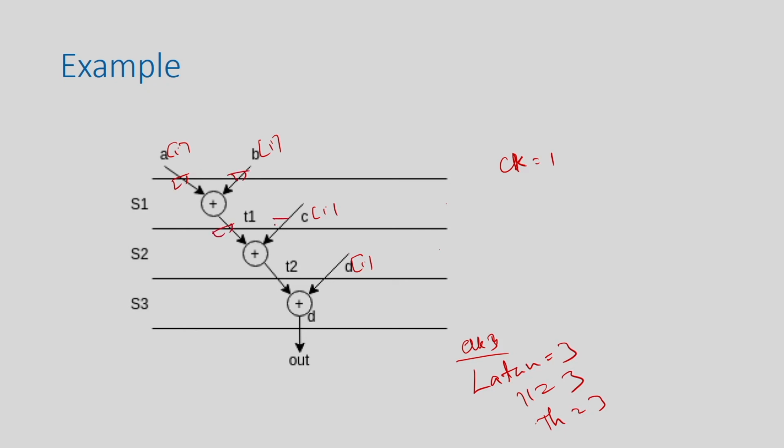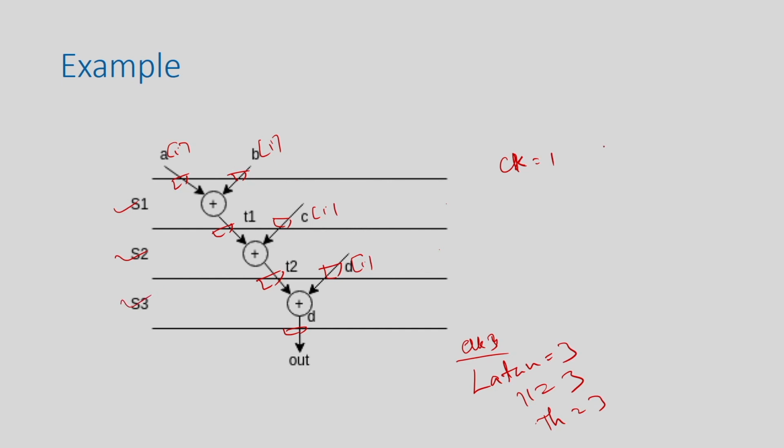I am adding pipeline stages everywhere, so now I can give input in every cycle, because stage 1 will process one set of data, stage 2 will process another set of data, and stage 3 will process another set of data.